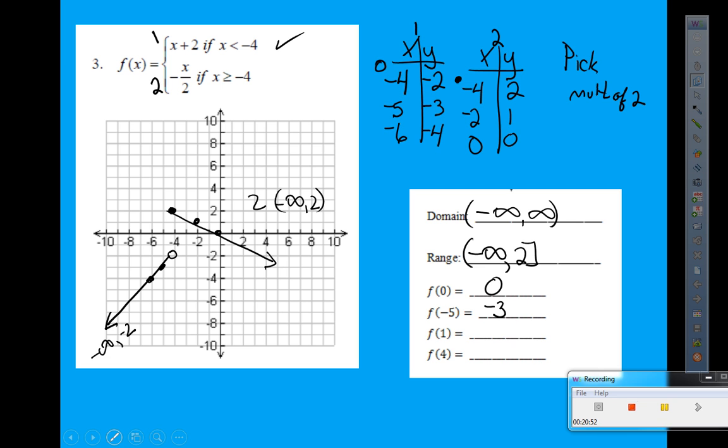When I pick on 1, 1 is greater than negative 4, so I get 1 half. And when I pick on negative 4, this one doesn't include it, so it's less than negative 4, greater than negative 4. So negative 4 divided by 2 is negative 2. So there's the piecewise graph so far.